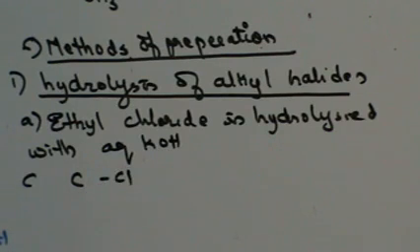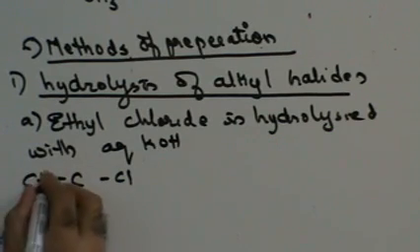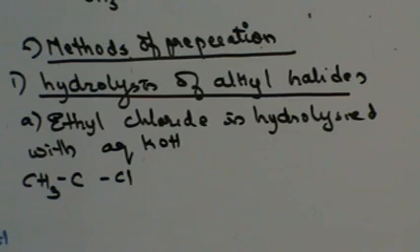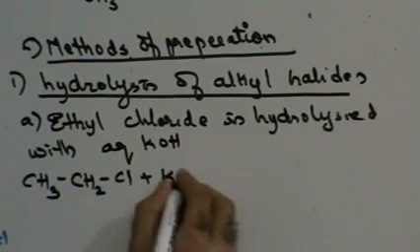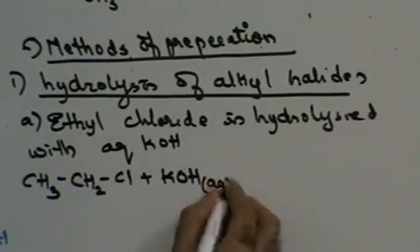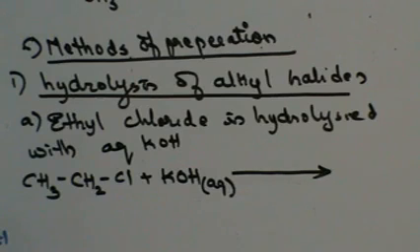Chloride, Cl, put your bonds. We know that the valency of carbon is 4, out of which 1 bond is already here, so this will be H3. 2 bonds are there, therefore H2. This is your ethyl chloride. Ethyl chloride reacts with aqueous KOH.